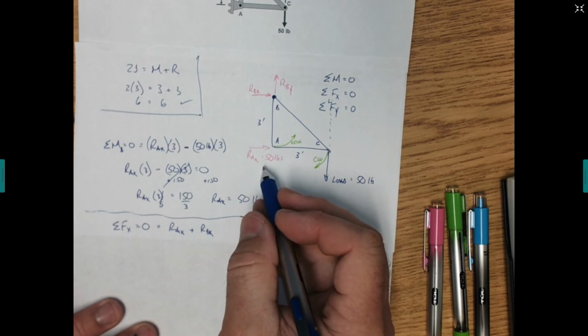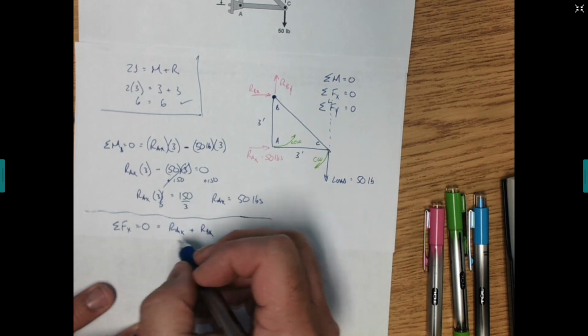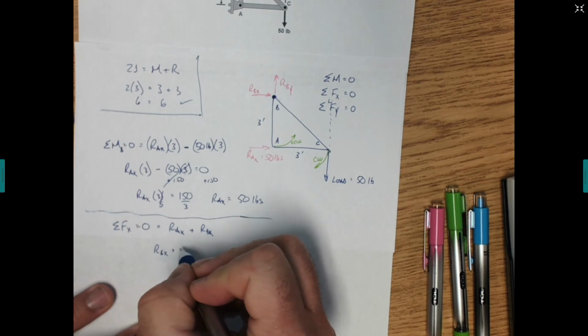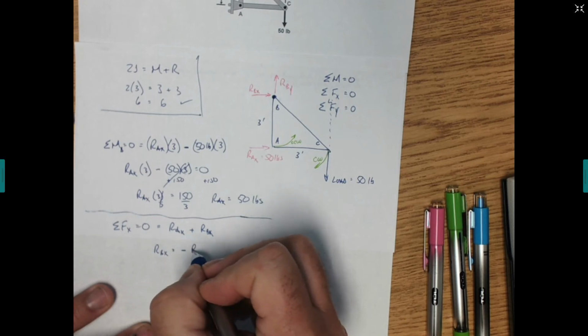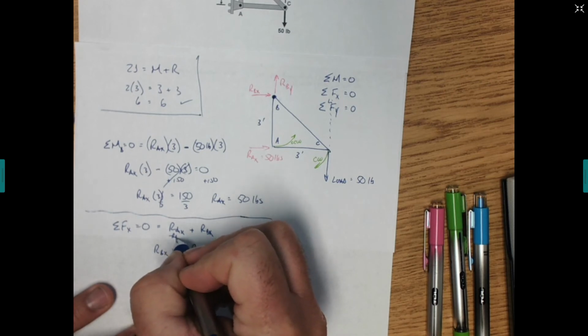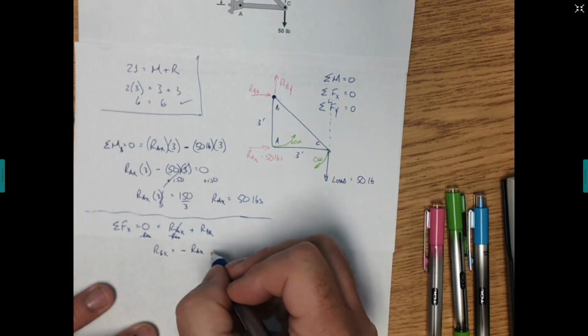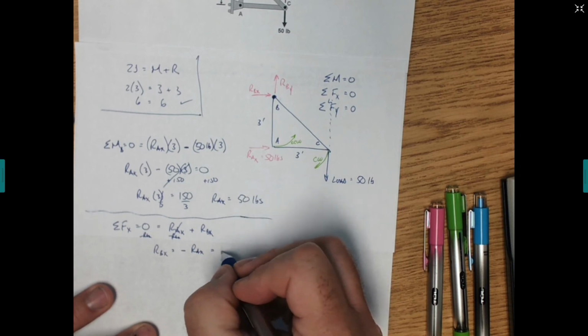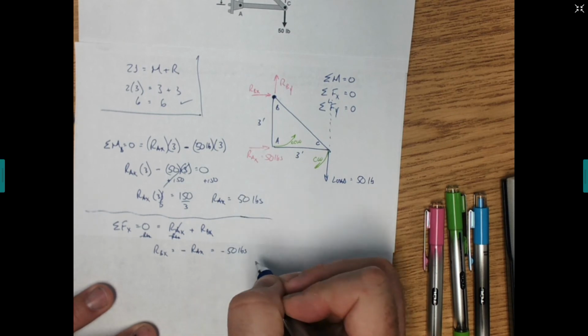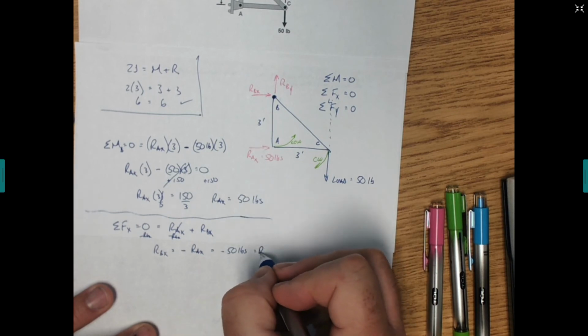We know RAX is 50, so RBX is equal to negative RAX, because we subtract RAX from both sides to get rid of it. Since RAX is 50 pounds, RBX is negative 50 pounds, right?